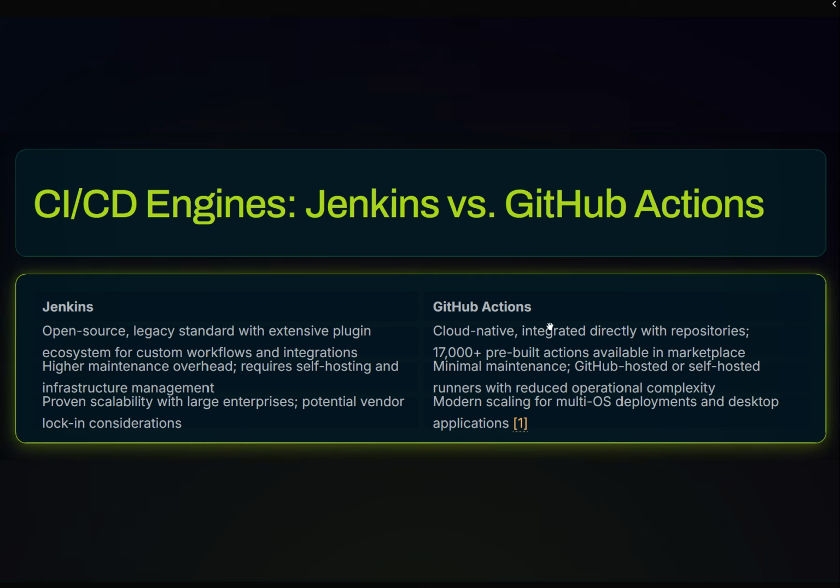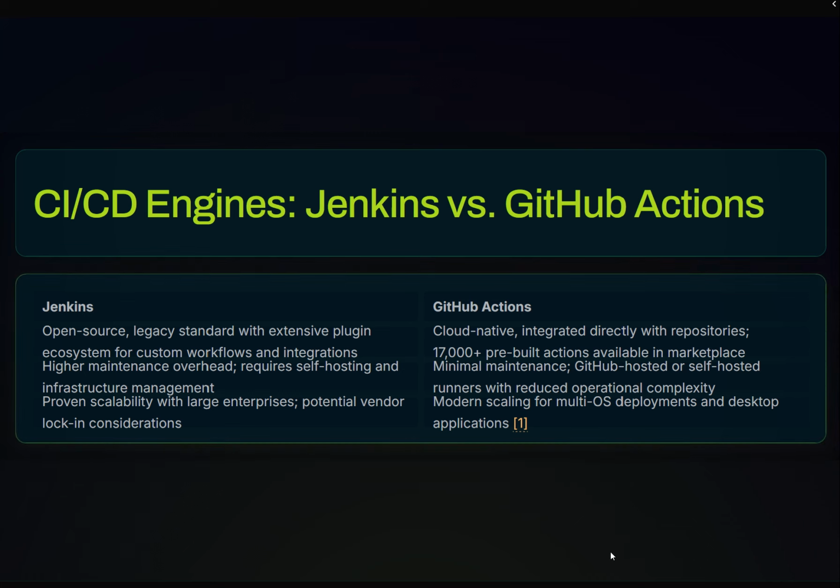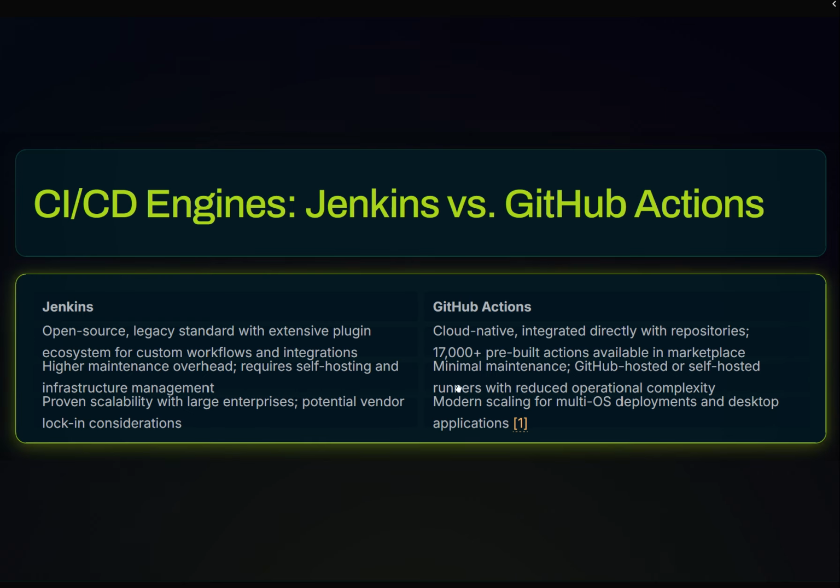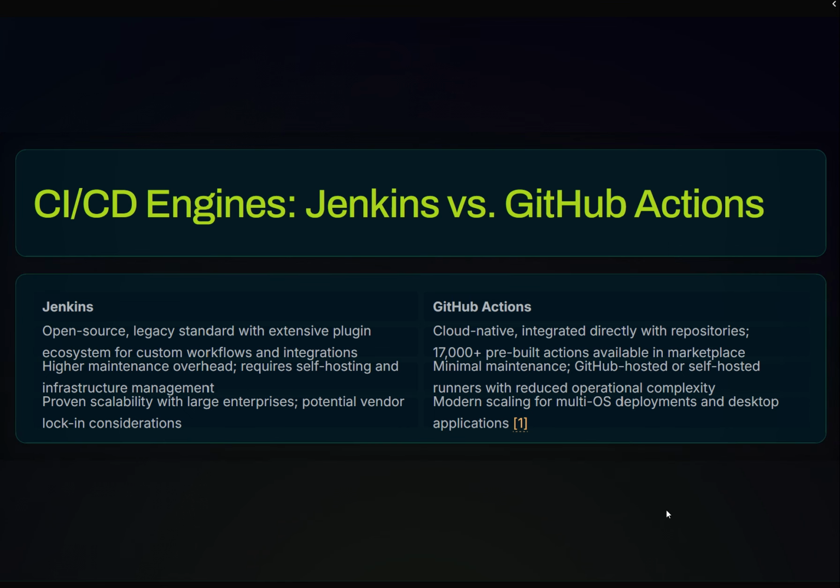GitHub Actions is cloud native, integrated directly with repositories, with 17,000-plus pre-built actions available in the marketplace, minimal maintenance, GitHub-hosted or self-hosted runners with reduced operational complexity, and modern scaling for multi-OS deployment and desktop applications. So those are the options. So many options you have with this one, right?